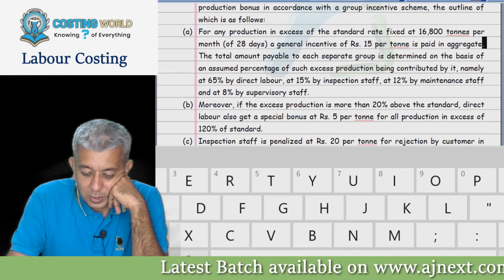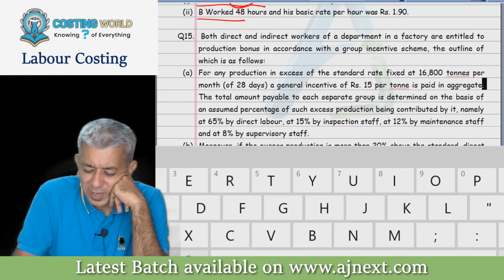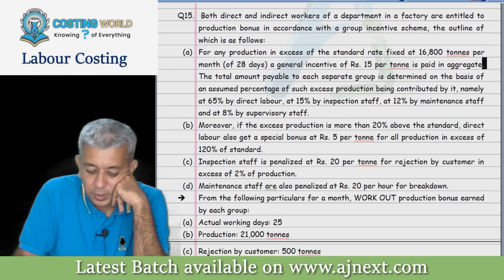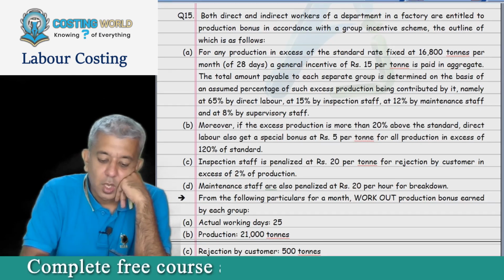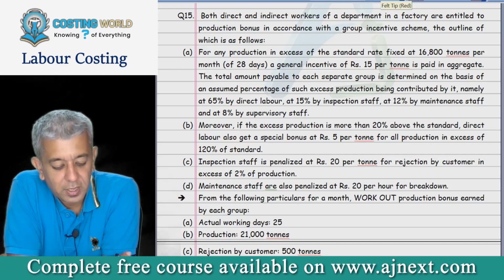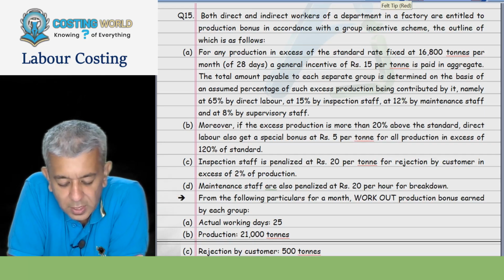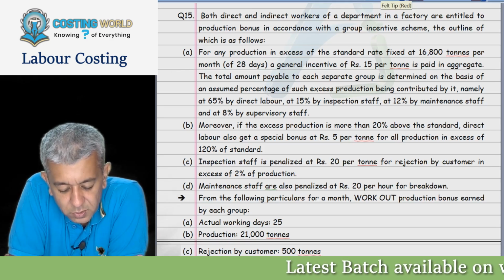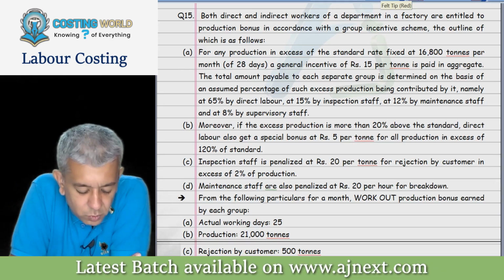Further, our last question on group bonus scheme, although we'll be having one more question in future, but let's do this particular question first. Both direct and indirect workers of a department in a factory are entitled to production bonus in accordance with group incentive schemes, the outline of which is as follows.